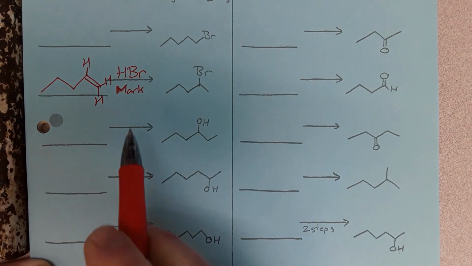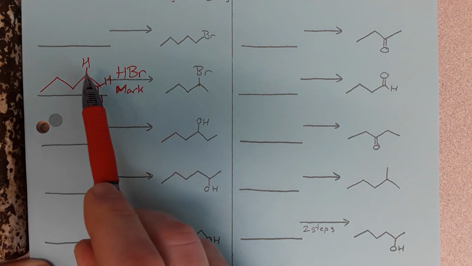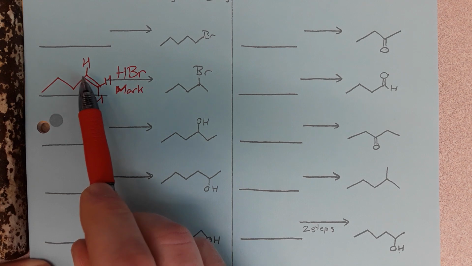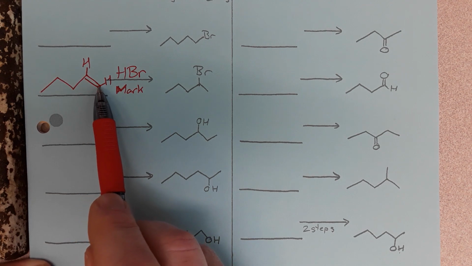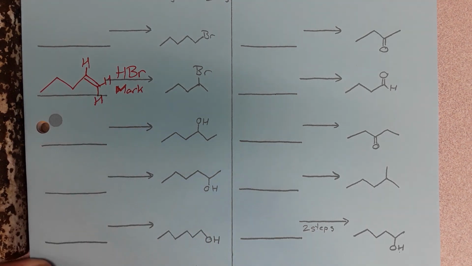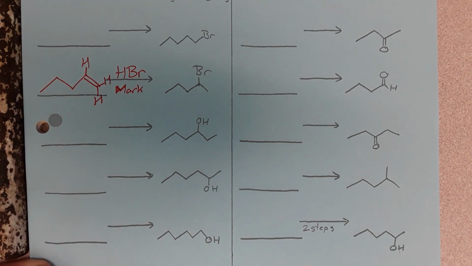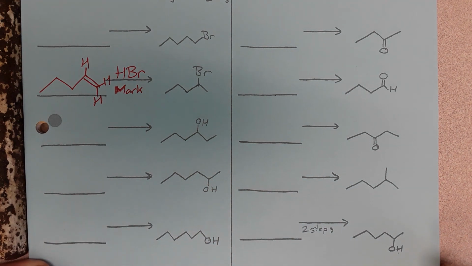And as you know, the hydrogen adds to the end with the most hydrogens, and the nucleophile adds to the other end there, and you will only get this product if you choose the alkene to go in the right position. So you have some important regiochemistry to consider there.